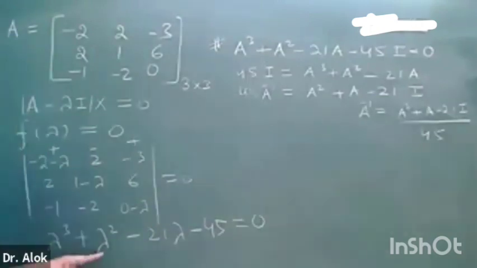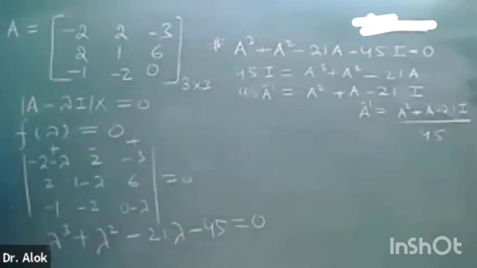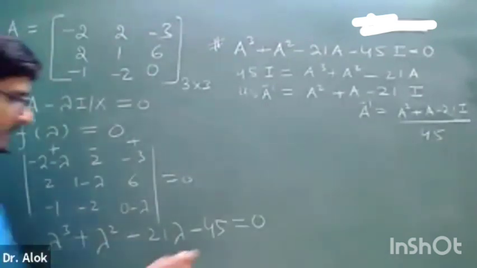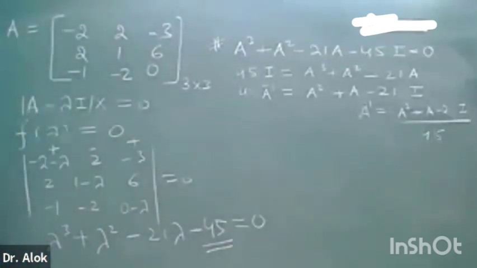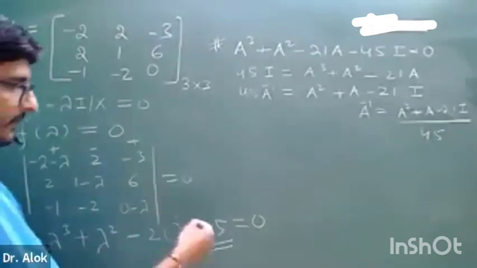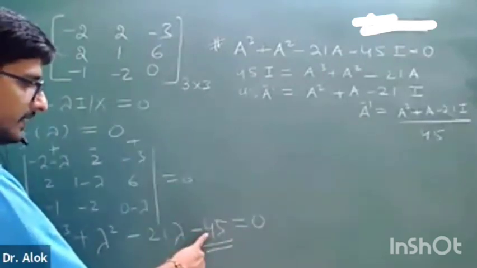Now we have to solve this equation, and please see, many times in exams you get this cubic equation. So how to solve this cubic equation? See this last digit. It is 45. So there is a possibility of 3, 5, which can divide this number.